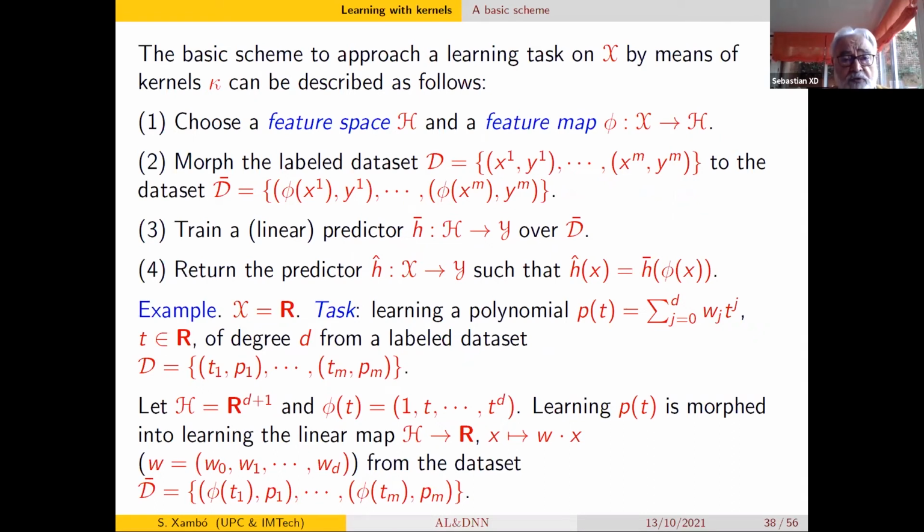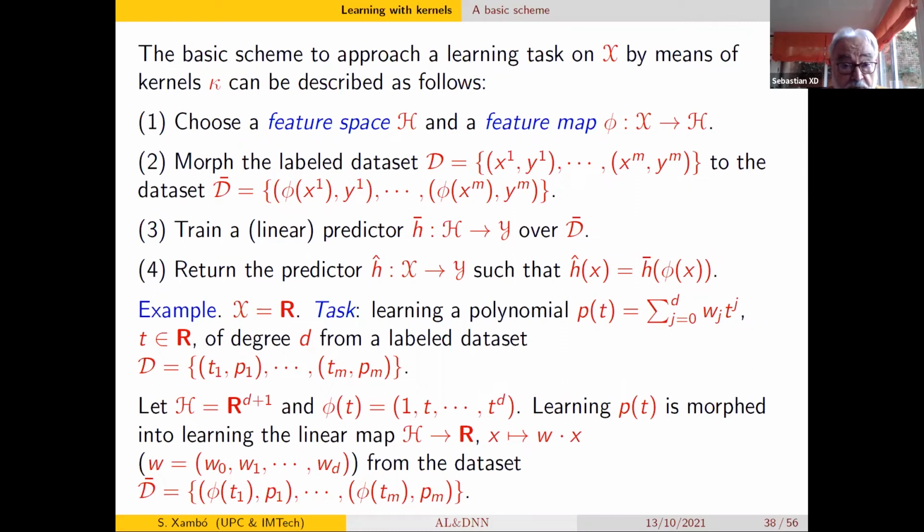First, you choose a feature space, curly H, and the feature map phi from X to H. Then you morph the labeled data set you should be working on in curly X, namely x1, y1, up to xM, yM.